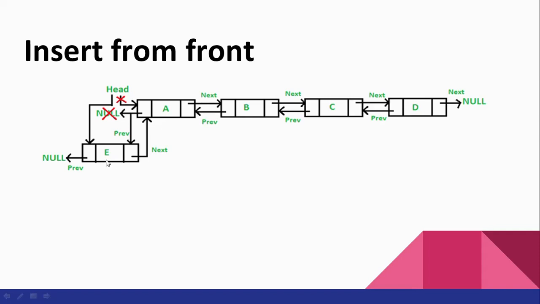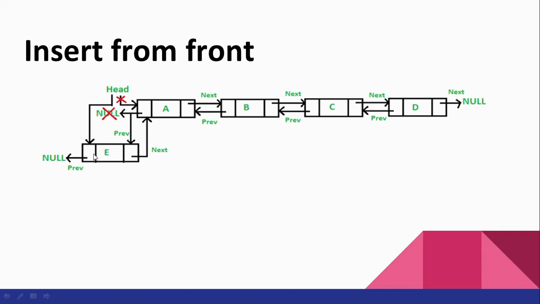Now we are trying to insert a node called E. The null pointer of the earlier first node, that is A, should not point to null now. It should be redirected to point to the new node. Similarly, the next pointer of the new node should point to the earlier first node, so that node A now becomes the second node of the linked list. So this is the link denoted here.